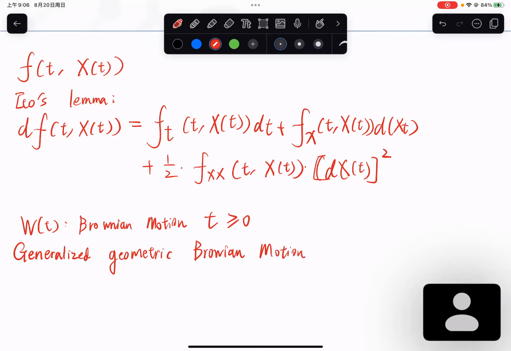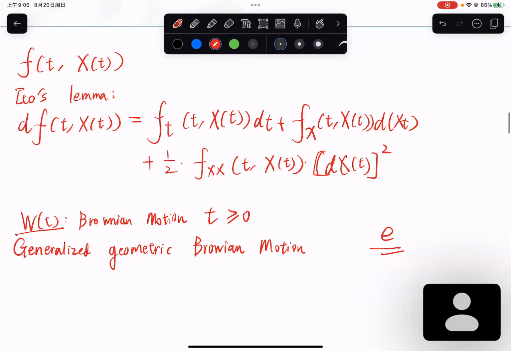Because we want to price some kind of asset, and the value of an asset in most cases in reality should be a positive number. It's almost impossible for the value of an asset to be negative. If we use the original Brownian motion, it can be either positive or negative, and that's not what we want. But how can we convert something positive or negative to non-negative? Taking the exponential, right? So it's related with the log-normal distribution. We can define it in this way.